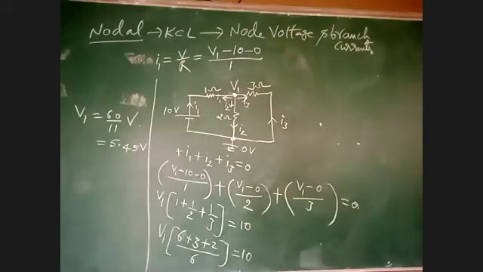Okay. Now forget about our assumption. Now we will determine the actual value of current I1, I2, and I3 that are given in the problem.